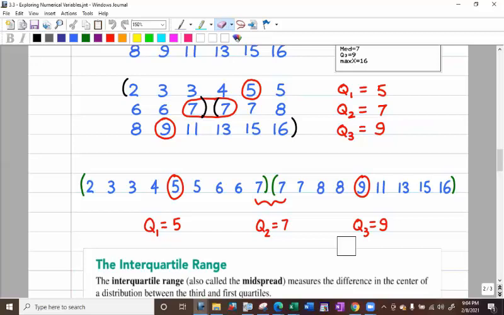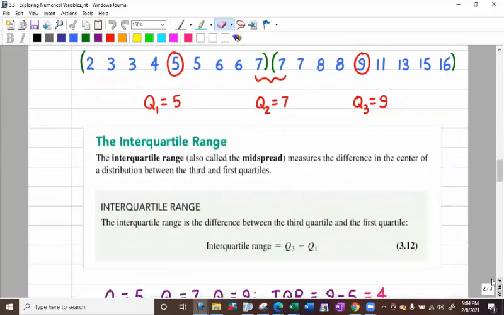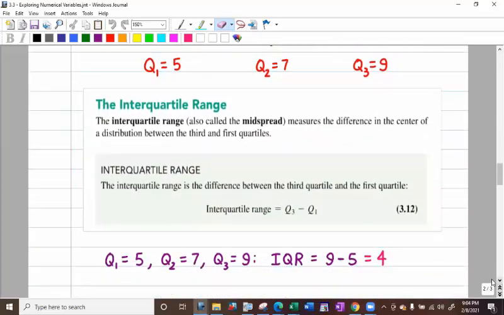Quartiles. Here's a value called the interquartile range, also known as the mid-spread. I don't see that too often. It's super easy to calculate, as long as you have the quartiles right.